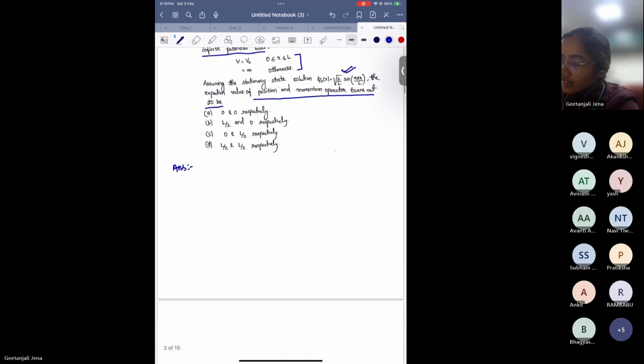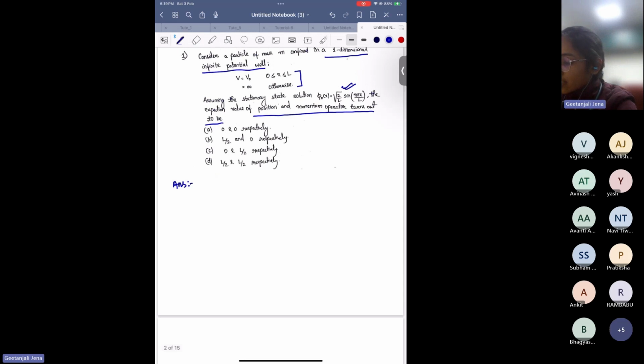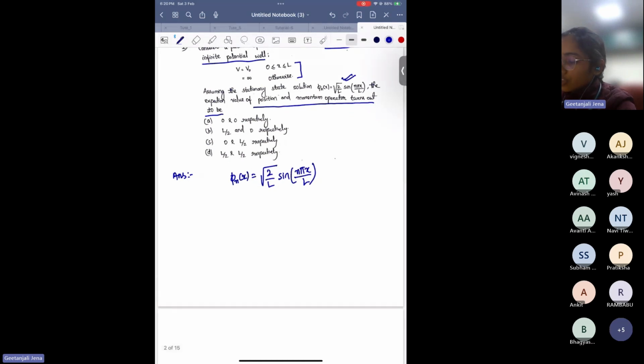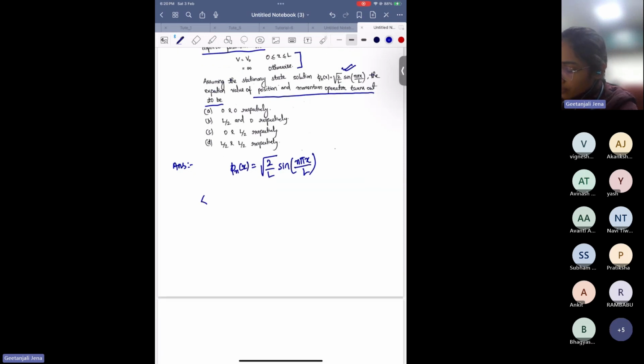So let's solve it. Expectation of position. Let's see what conditions are given. Given the stationary state solution, phi n of x equal to root over 2 by L sine n pi x by L. Now it is asking about the expectation value of x.